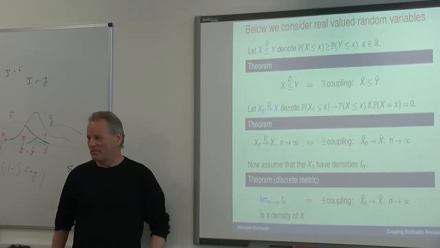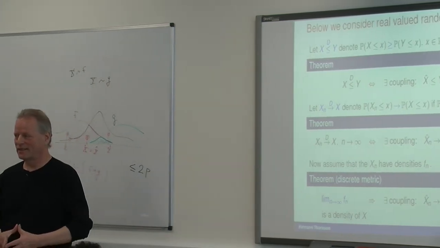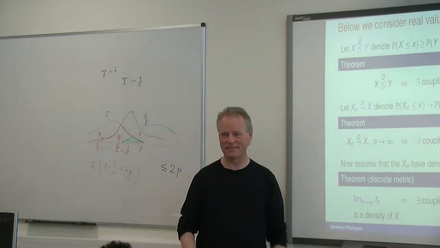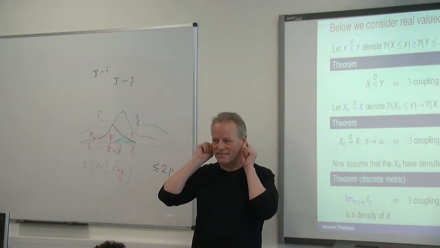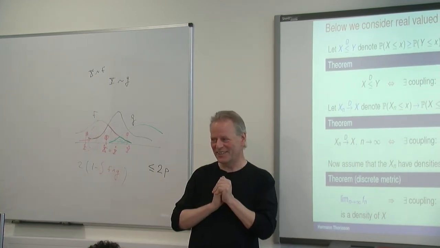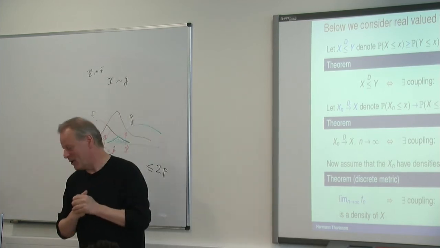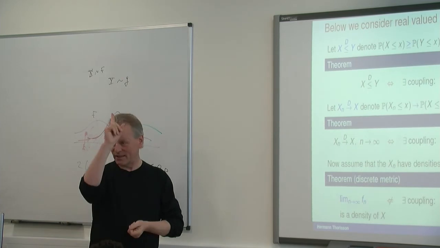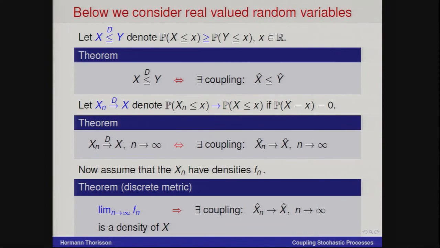But what about this? Can we turn this around? I wouldn't be asking if you could. No. So, we just have this. But in the proof of this result, we didn't use that this is a density.